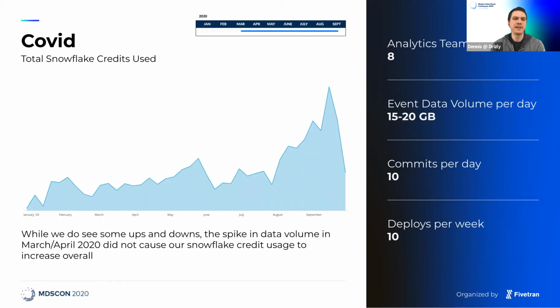No real bottlenecks in our infrastructure emerged during this time. We had one weekend where we had to reshard a Kinesis stream, but otherwise we upsized some warehouses, but the overall architecture held extremely well.